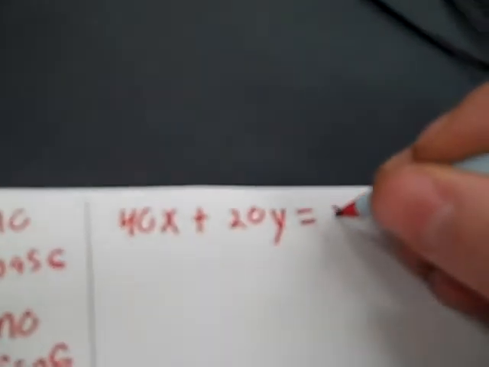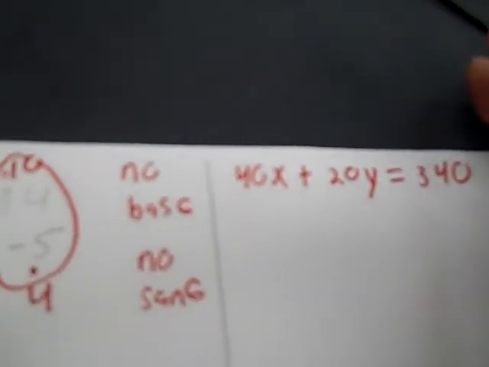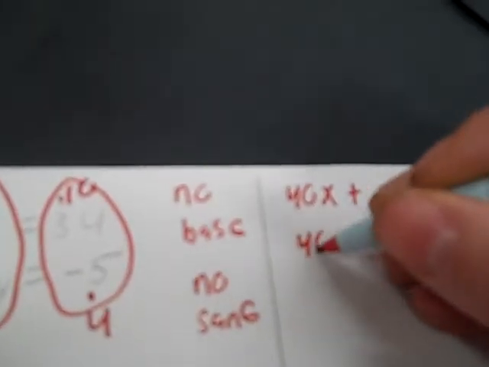So I take 4x times 10, and that's 4 times 10 is 40 with x, and then plus. Then I take 2 times 10, that's 20 with y. And then I take 34 times 10. Now that's a high number, it's 340, but you have a calculator, so don't get freaked out if the numbers get big. Now this bottom, 10 times 4 is 40 with x.